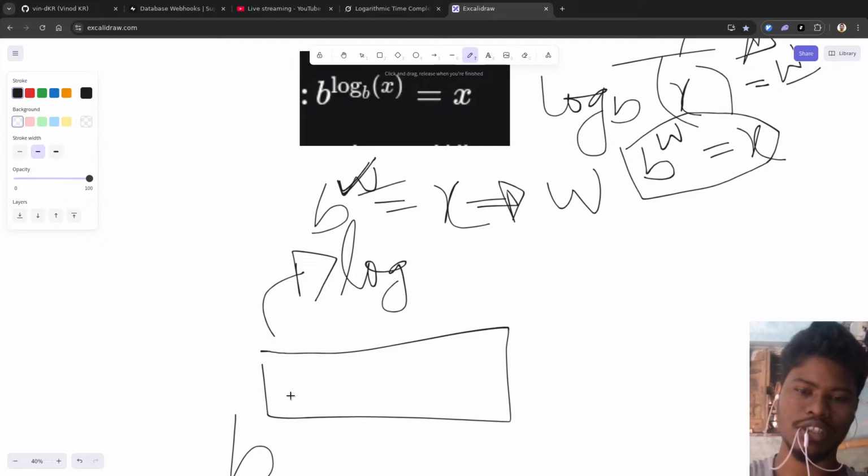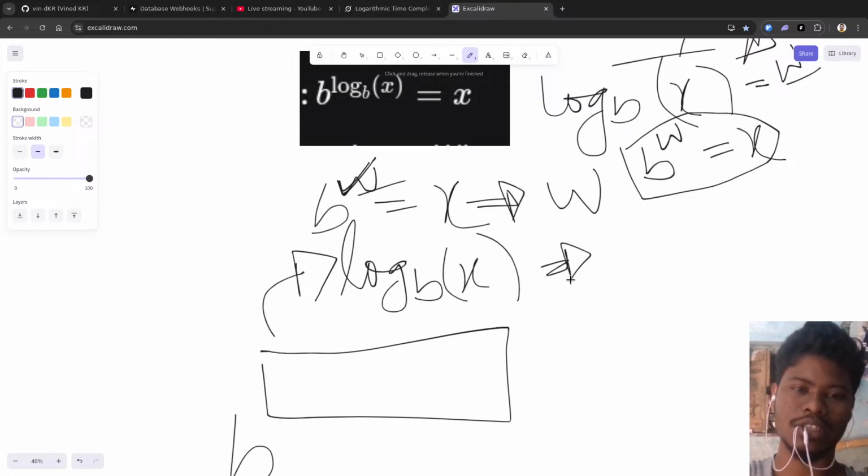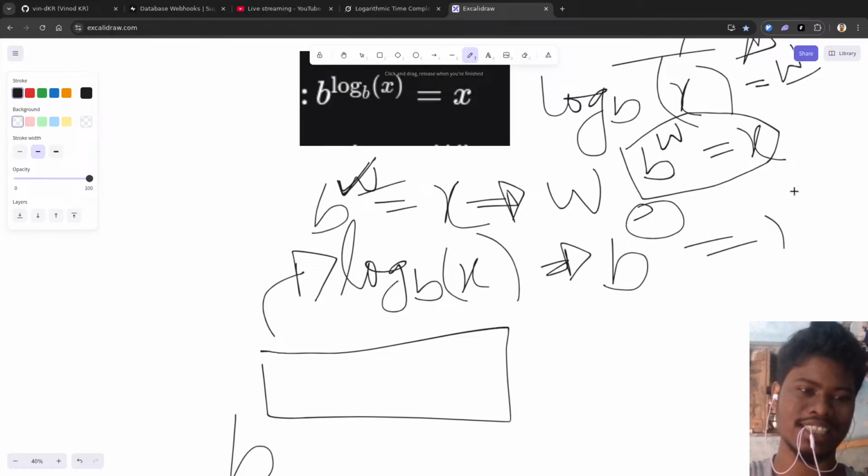B has a power, and this power means log base b of x. That means the answer is: what is the power of b that returns the value of x?